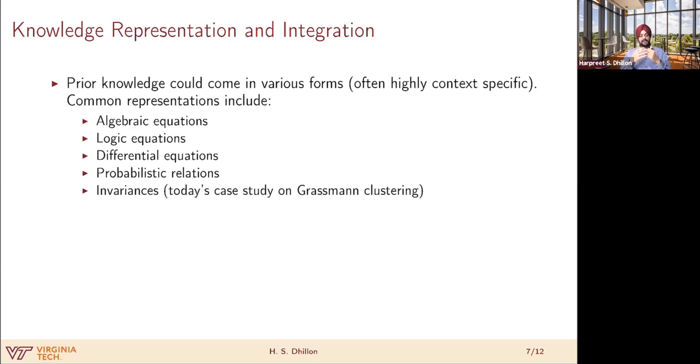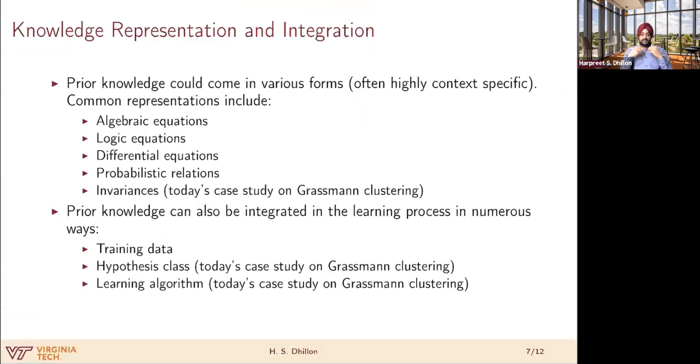And that is basically today's case study on Grassmann clustering in lecture 6, where we are really going to exploit this invariance property in our solution. Now, this can be integrated in the learning process. Whatever form the knowledge might come in, it could be integrated in the learning process in multiple ways.